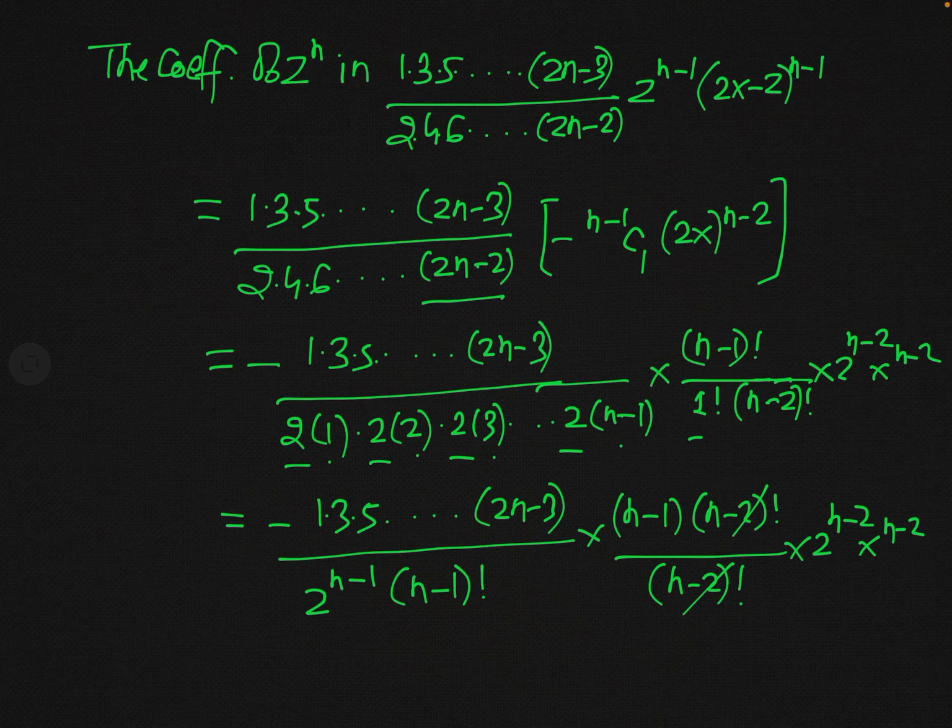So here now this n minus 2 factorial and n minus 2 factorial will cancel out, and now we will use simple algebra. If you write 2n minus 1 in the numerator here, then we will have to divide this expression by 2n minus 1. And so what will be our result?